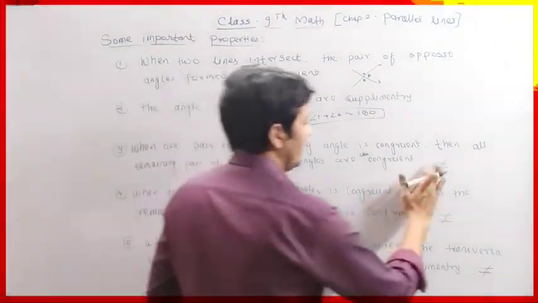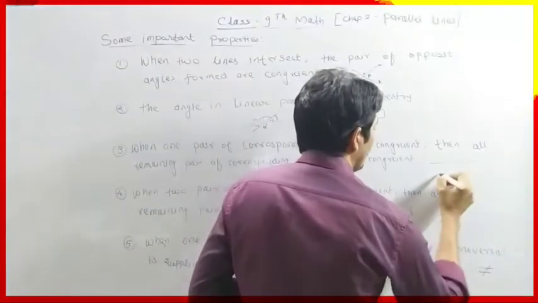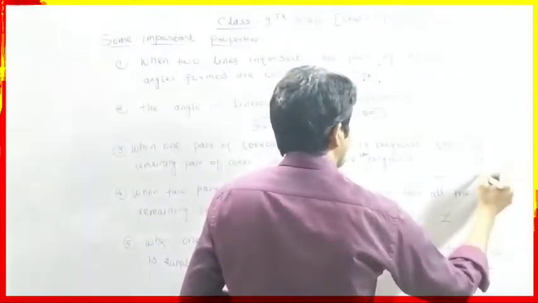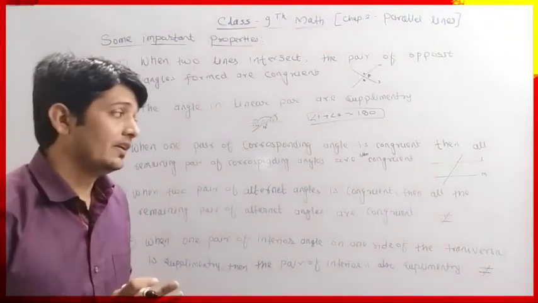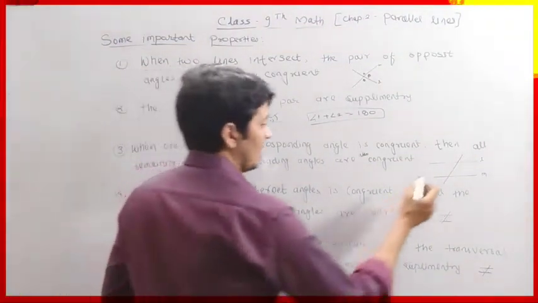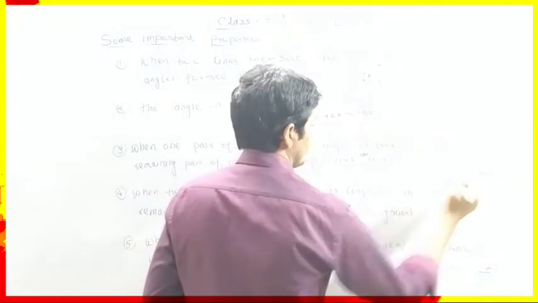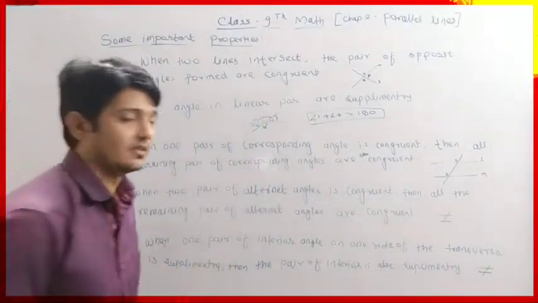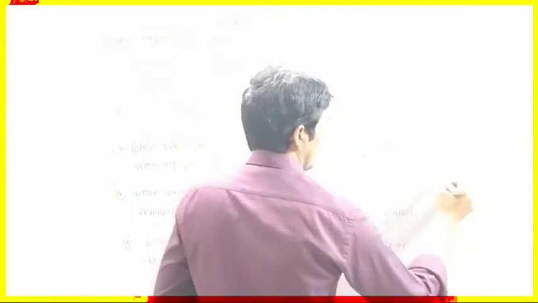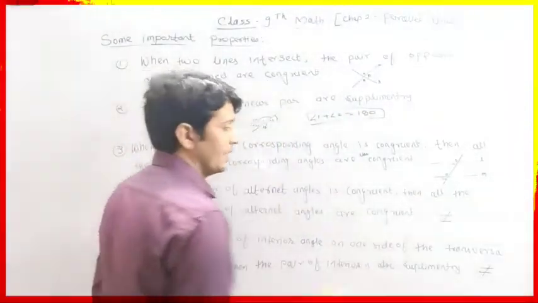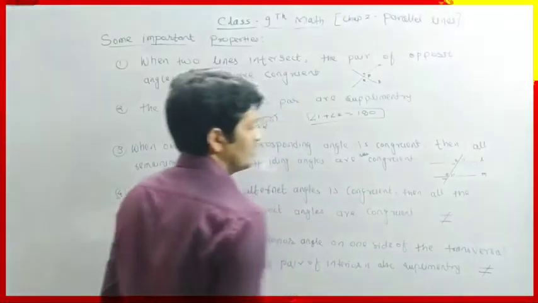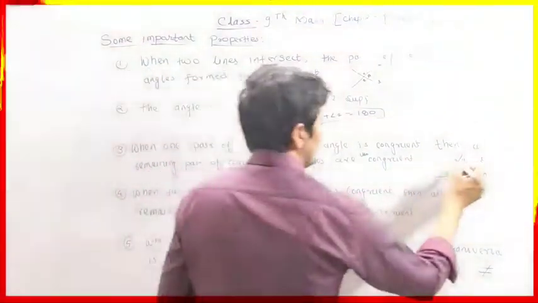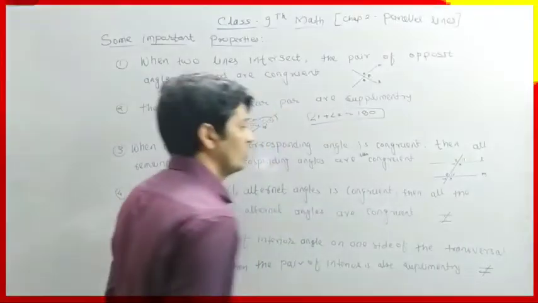Corresponding angles: suppose we have two parallel lines. This is line L and line M, and a transversal intersects in this way. Then the corresponding angles are this one angle and this one. This one and this one are corresponding angles. Then on the opposite side, this angle and this angle are corresponding angles, and this one and this one are also corresponding angles.